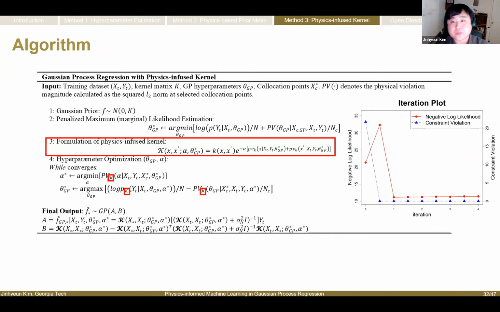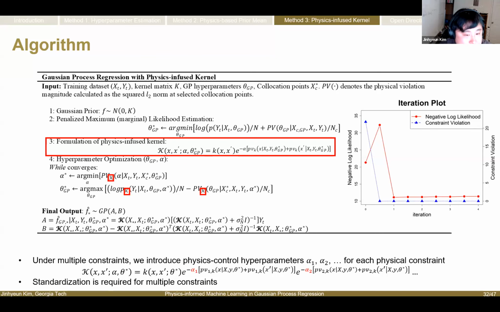So in this iteration plot, one iteration includes the physics violation minimization step and the data fit maximization step. For each iteration, we are sacrificing some of the data fit, but we reduce the constraint violation. And then for the other iteration, we maximize the data fit as well.